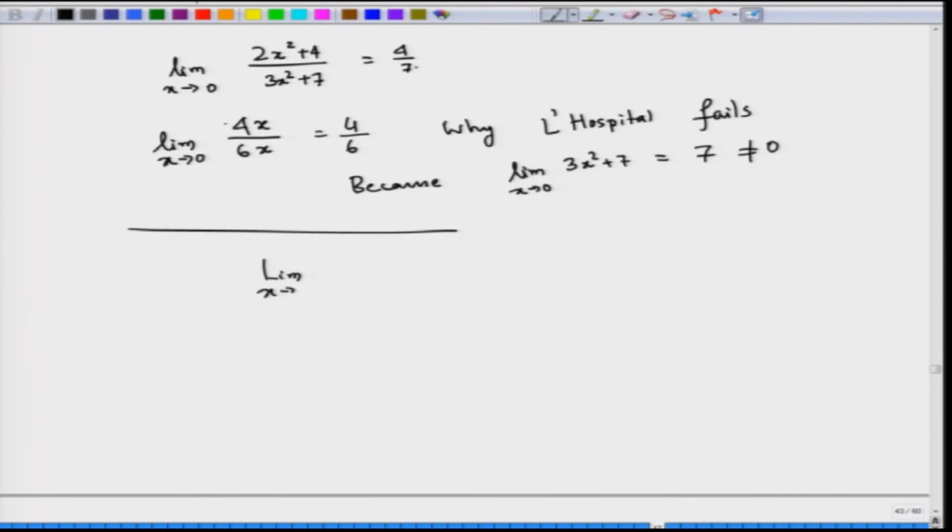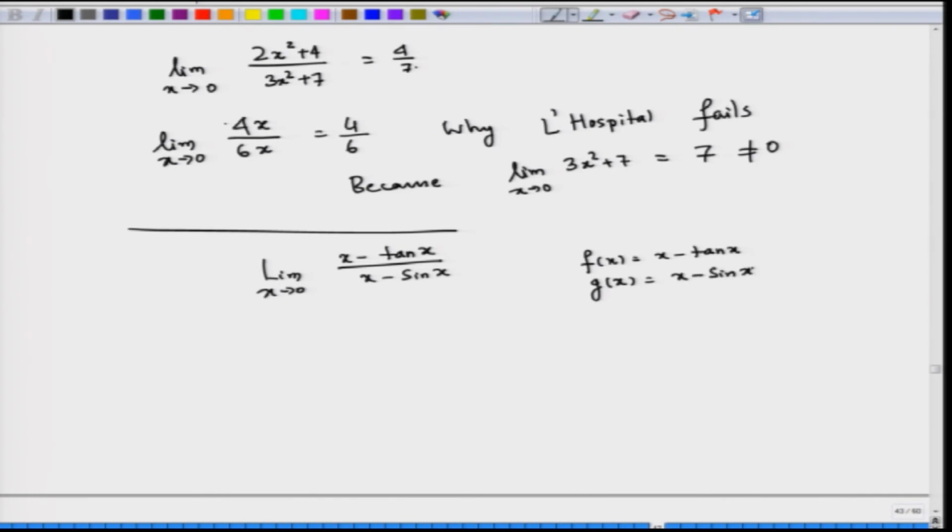Now, suppose I have the limit as x goes to 0 of x minus tan x divided by x minus sin x. Now, this is f of x equal to x minus tan x, g of x we will take x minus sin x.